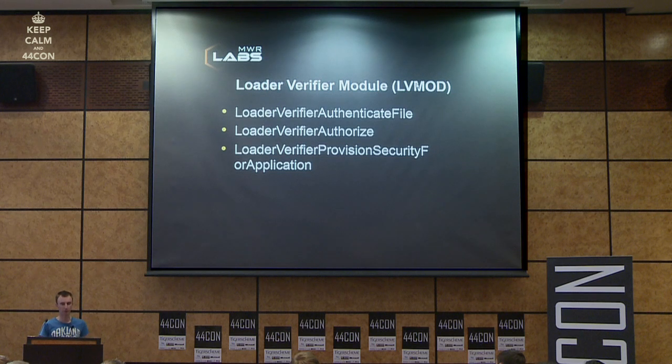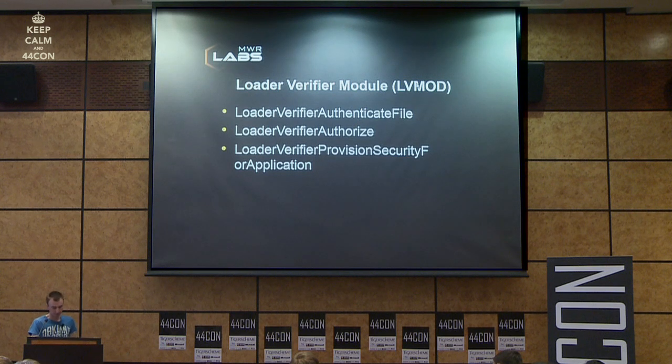And there's three functions which are used in the load verifier module. Now this is partially documented in Windows CE 7 documentation, but because Windows Phone 7 has been heavily modified, the functions which are in CE 7 aren't like the ones in Windows Phone. The loader verifier authenticate file is used to authenticate whether the code is signed with a valid digital certificate for the device.